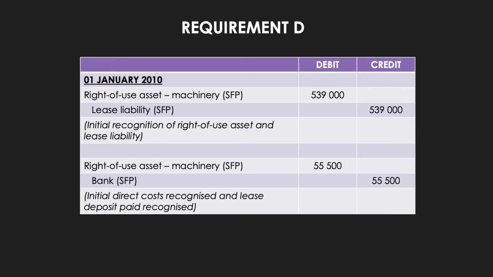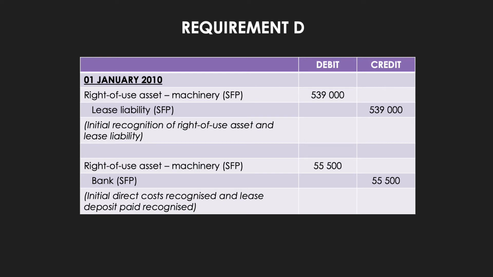So I debit my right of use asset because I want my right of use asset to increase, and I credit bank. Why? Because I paid the initial direct costs to the external legal advisor, and I paid the lease deposit of 50,000 Rand. So that means my bank has decreased by both of these amounts, and I have just lumped them together because the general journal entry is the exact same.